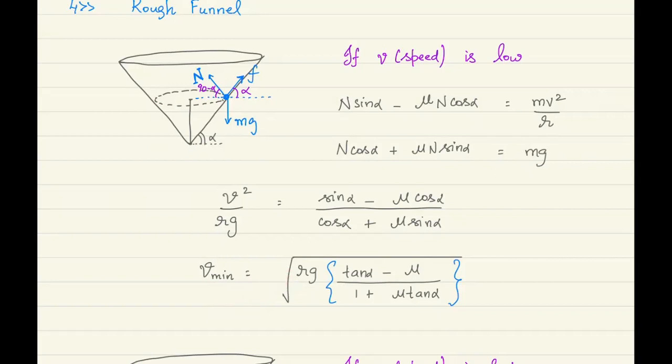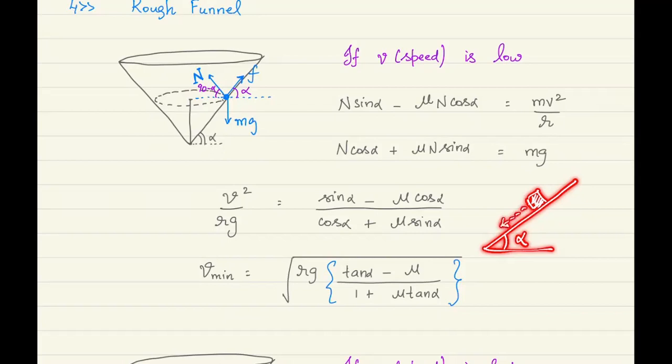Obviously, this expression makes sense only when tan alpha is greater than mu. Why? Because if tan alpha is lesser than mu, just recollect the inclined plane discussion. If you have an inclined plane of angle alpha and place an object on that inclined surface, if tan alpha is lesser than mu and you simply leave the object there, it will not have a tendency to slide down, and it will not be pulled into the funnel.